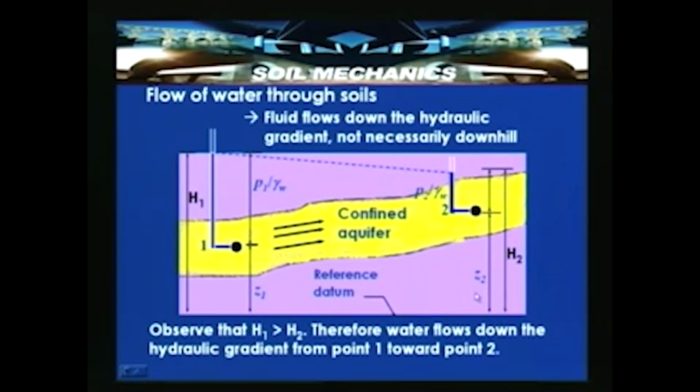If you observe, when H1 is greater than H2, flow can take place from 1 to 2, not necessarily down the hill, as in confined aquifer conditions like the one which exists below the ground level. So, for the flow to take place, the energy spent by the water in flowing through the soil is H1 minus H2, that is delta H, over a distance, say L, the length between the 2 points. Then the hydraulic gradient is H1 minus H2 divided by L.